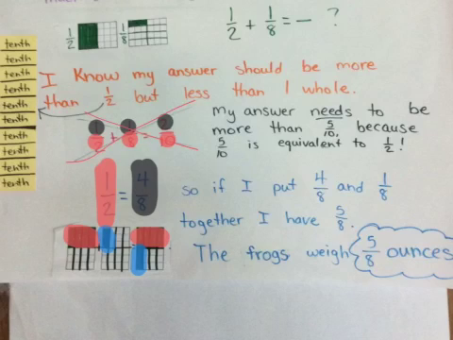Then I know I have 4/8 plus one more eighth, which is 5/8. This is why we really need to know our fraction equivalents so that we can easily see 1/2 is 4/8, and then we can add fractions that have the same denominator, and then our answer will make more sense.